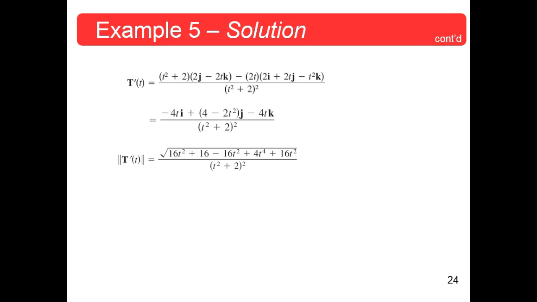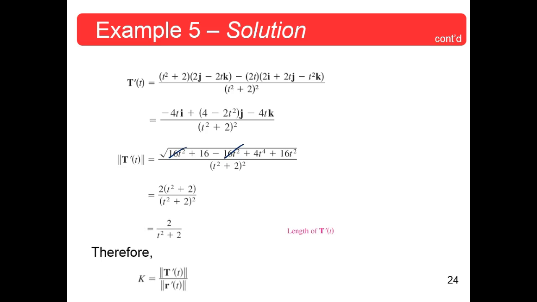Okay, and then when we simplify terms there, which I hope you see, these two add to 0, then that simply gives us 2 times t squared plus 2 in the numerator over t squared plus 2 squared in the denominator, which is just 2 over t squared plus 2.